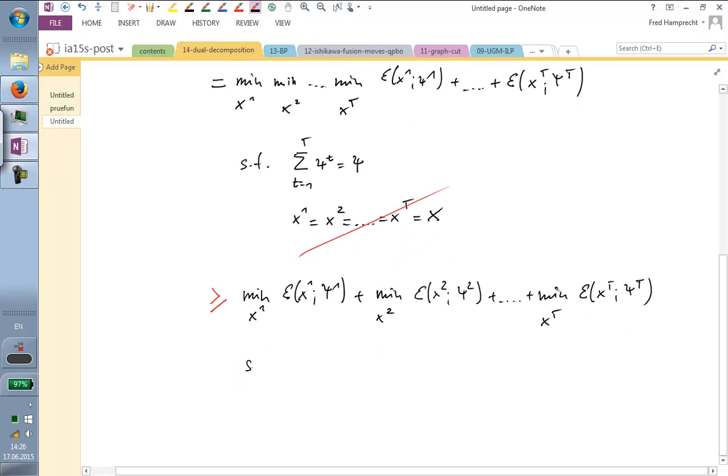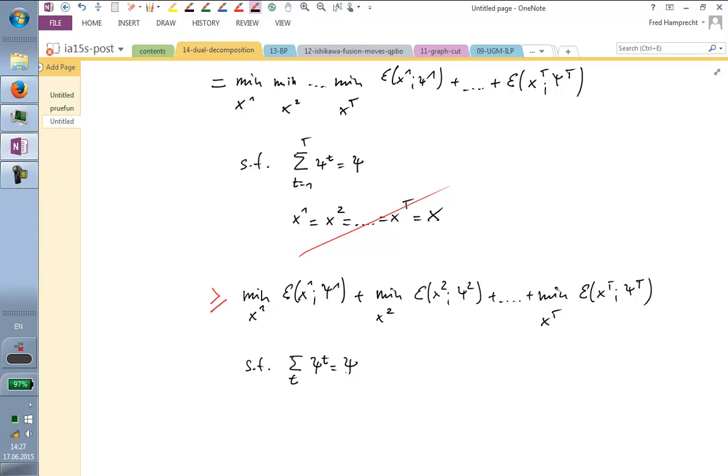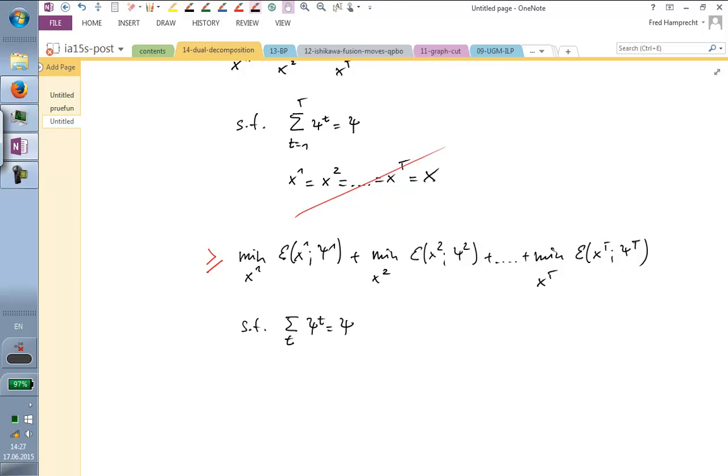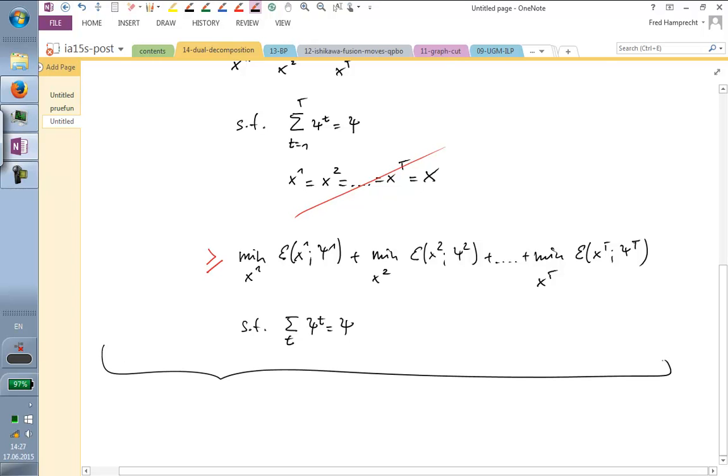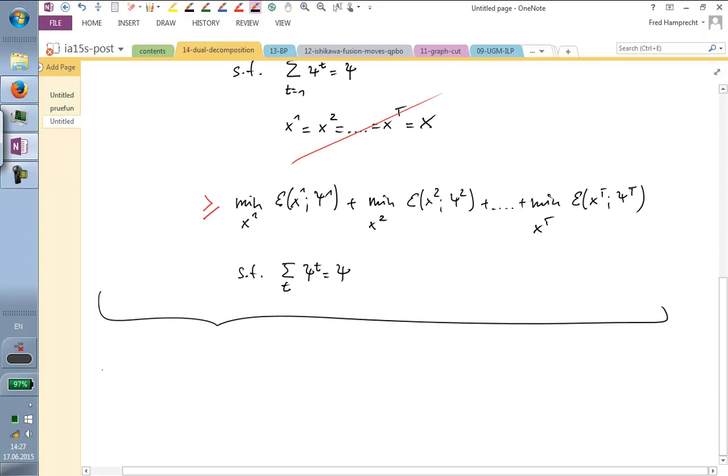And I only keep the first of my two conditions. So if I want to summarize all of the above, I can write more compactly what we have found, namely my original optimization problem is lower bounded by a sum of optimization problems where the solutions of the subproblems need not agree.